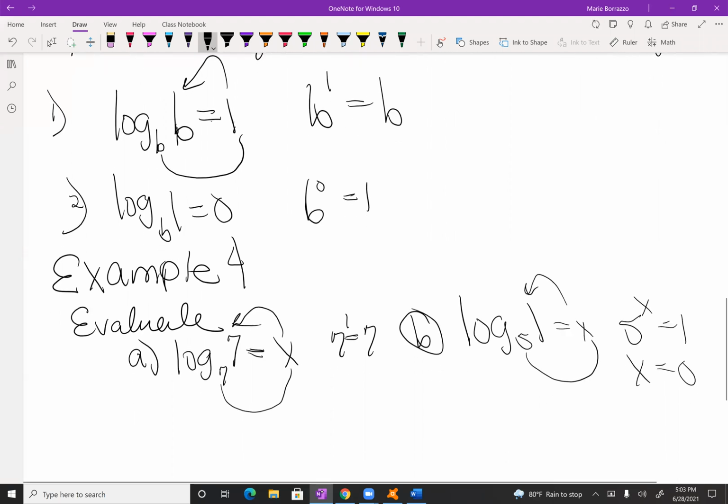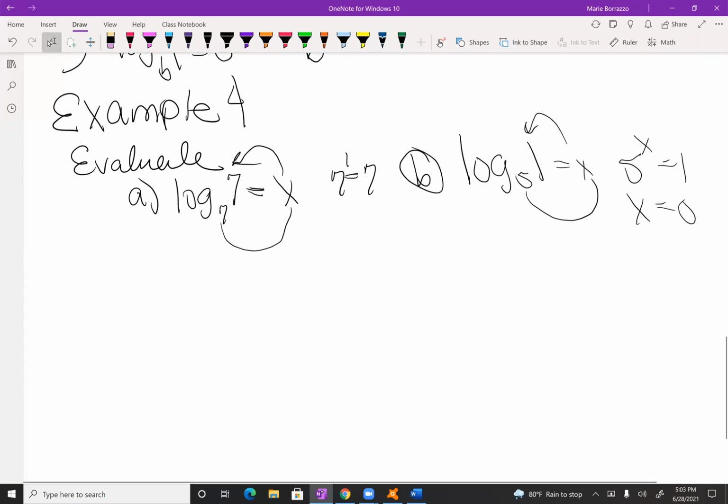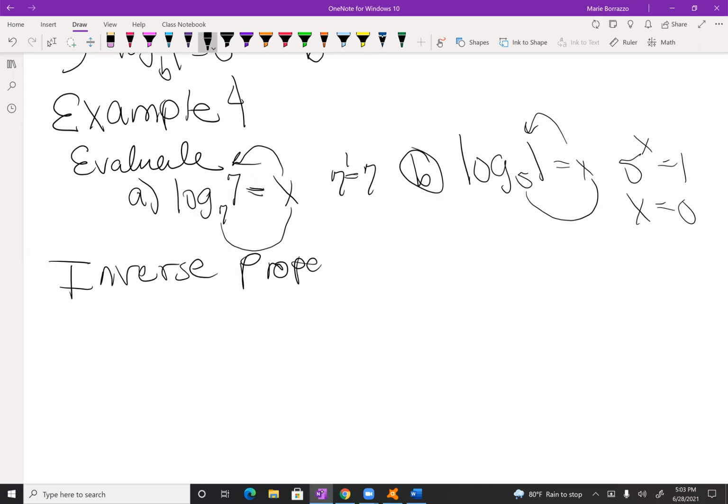All right, example 5. Example 5 is also inverse properties of logarithms. You should know or remember how to find an inverse of something.